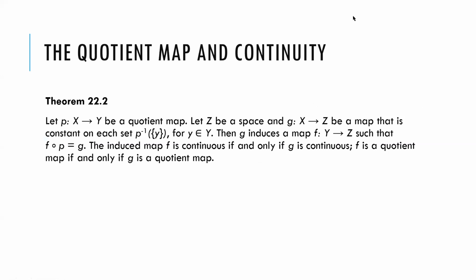Okay, next is our theorem 22.2. So this theorem and its corollary are used to determine if a map out of a quotient space is continuous.